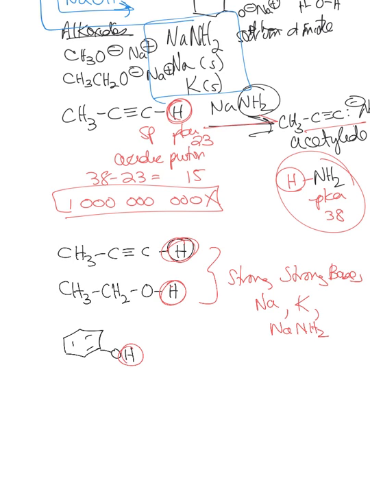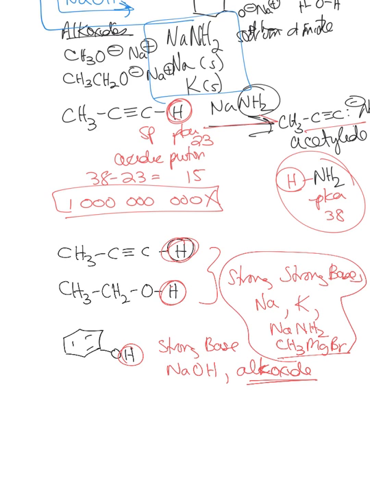This is an acidic proton, and we'll just call this a strong base, and a strong base is like sodium hydroxide. Also an alkoxide could do that too, and you can work out an alkoxide pKa on that. All of these, a strong base would be like an organolithium, so we'll just do CH3 magnesium bromide. That's a strong base, and that would deprotonate those hydrogens.